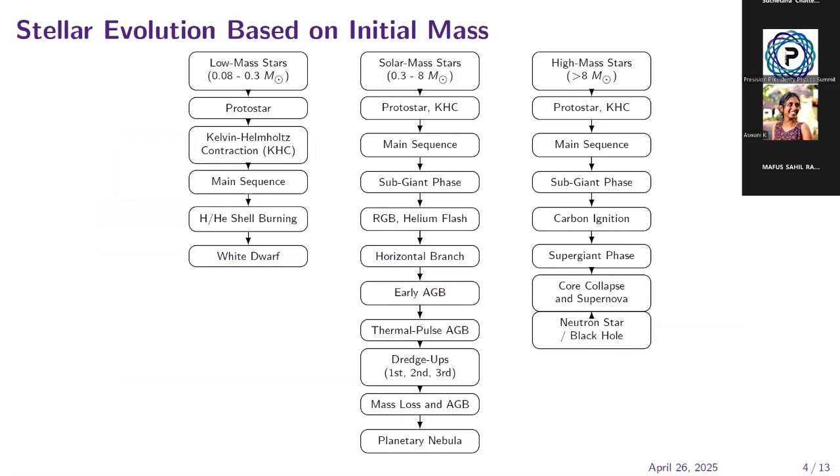Stars which have initial mass close to our Sun, ranging from 0.3 to 8 solar masses, after the main sequence turn off, go into this subgiant phase. The more massive stars also go into the subgiant phase, but in our local neighborhood of the galaxy the number is very low, and practically we don't find many exoplanets around those massive stars.